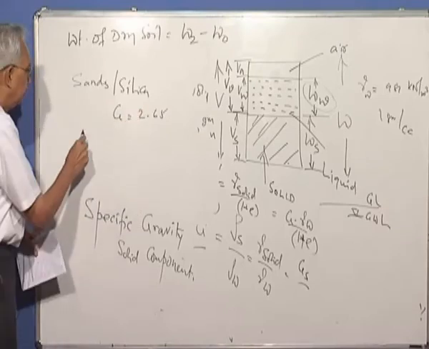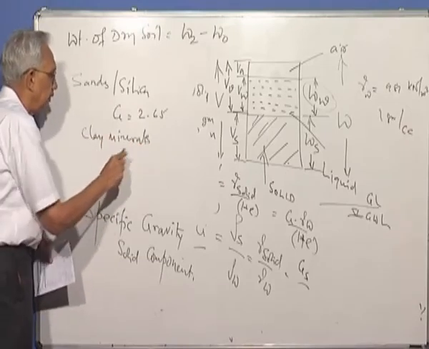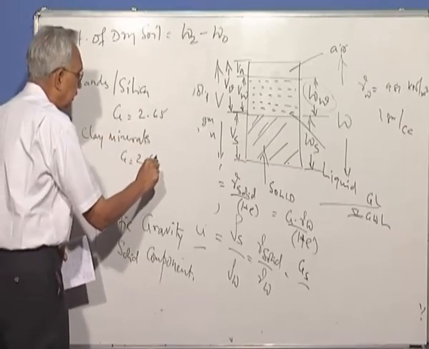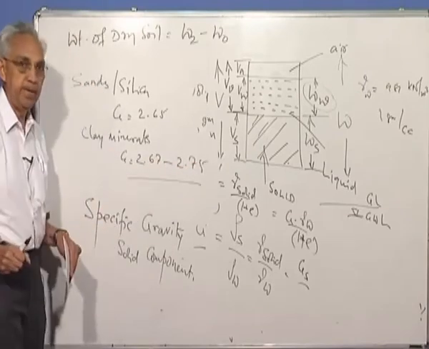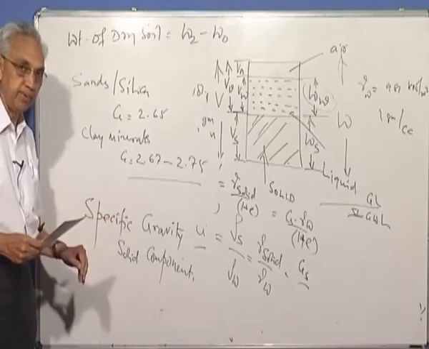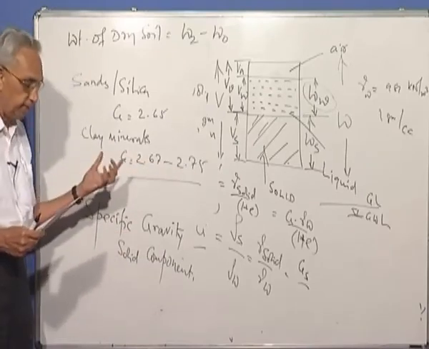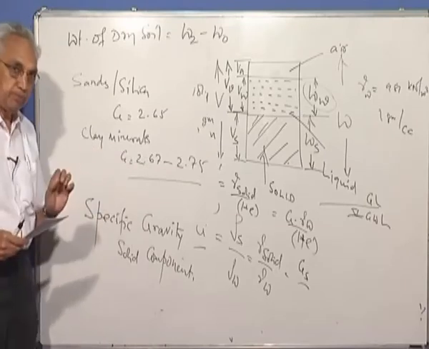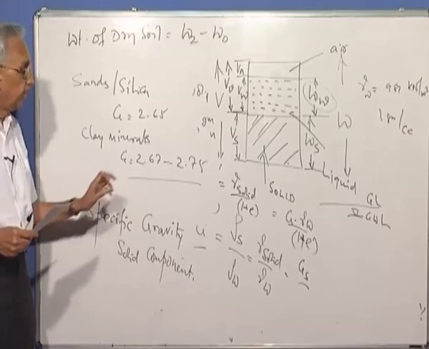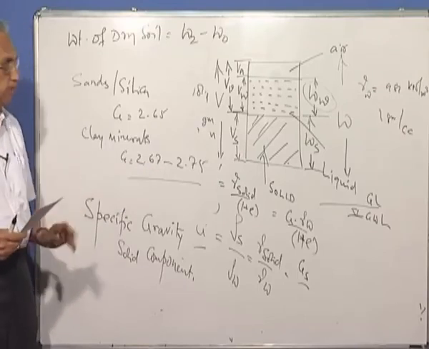Then for clay minerals, very fine particles, G varies from 2.67 to maybe 2.75. It's a very small range and won't make a big difference. You may find it can be 2.69 to 2.73. It doesn't make a big difference in calculations. You may take it from a textbook and use the value. You will not make any major mistake.